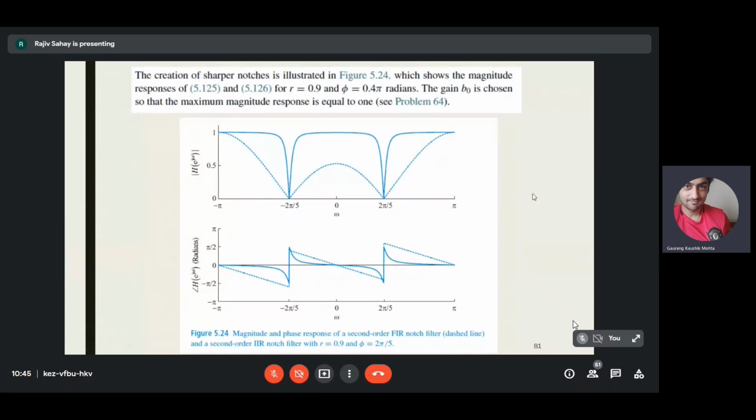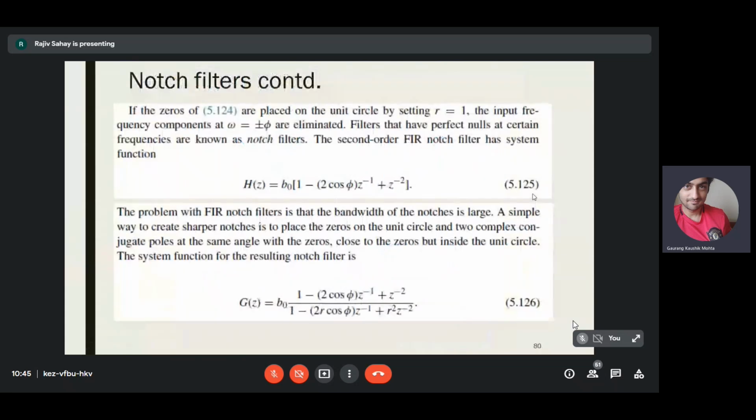So the problem with FIR notch filters is that the bandwidth of the notches is large. A simple way to create sharper notches is to place the zeros on the unit circle, so you can have two complex conjugate zeros on the unit circle, and you can also have two complex conjugate poles with the same angle close to zero.